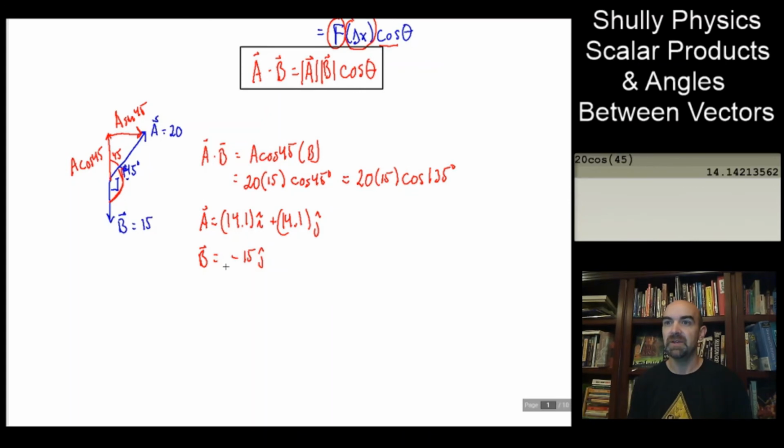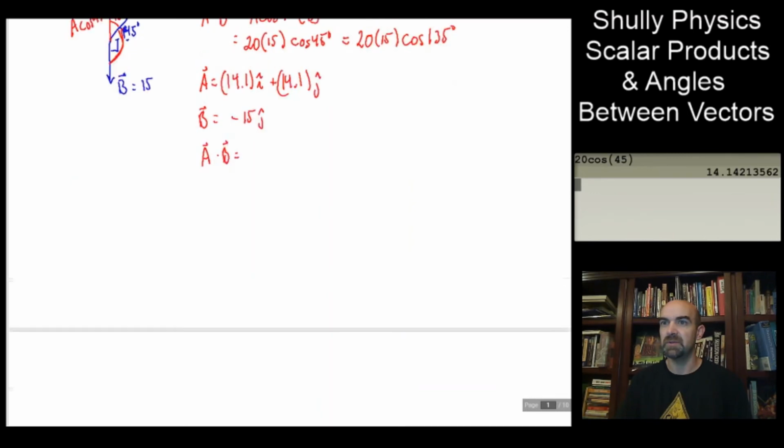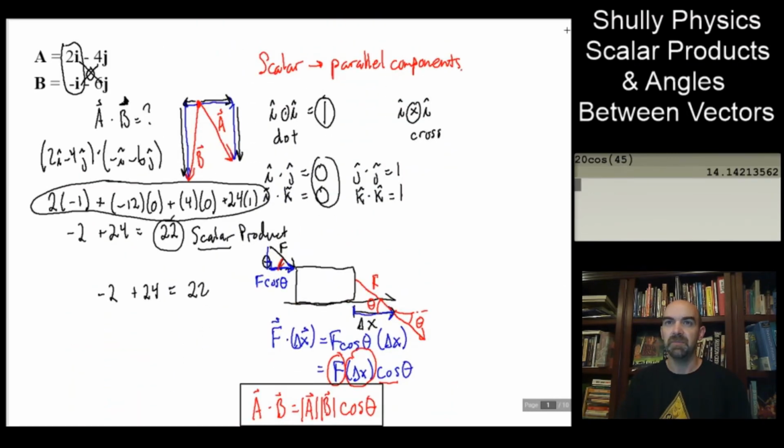All right. So what is A dot B then? Well, let's go back to what we were doing up at the top. We've just stacked the two new vectors, and I'm going to multiply the I components and the j components, and I'm going to ignore the I dot j's altogether.